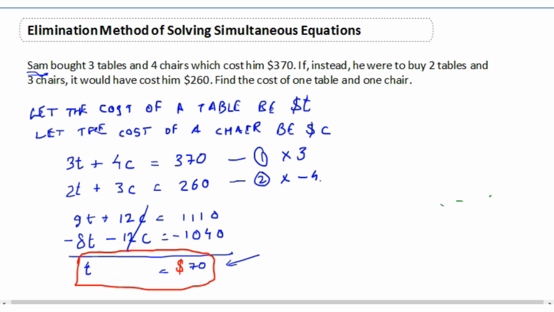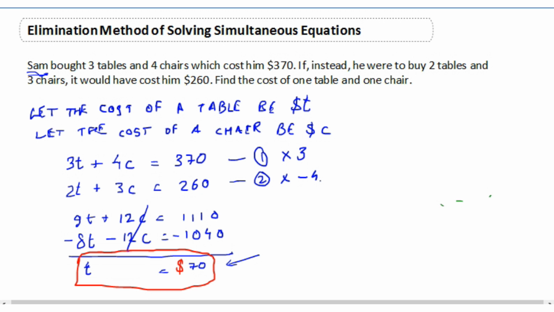And then once we have found this, I'll substitute this into any of the equations, or plug in this value of t into any of the equations that we have. I can either plug it into 1 or plug it into 2, but since equation number 2 has smaller numbers, I'll plug it into 2 instead.